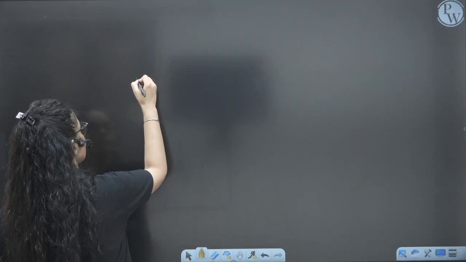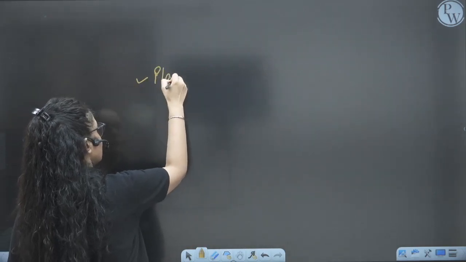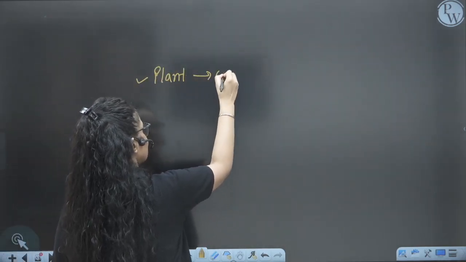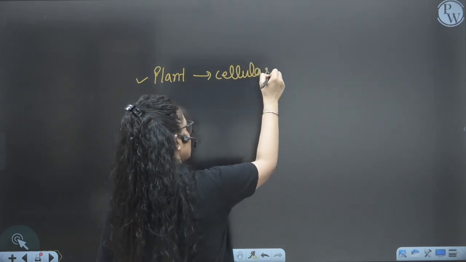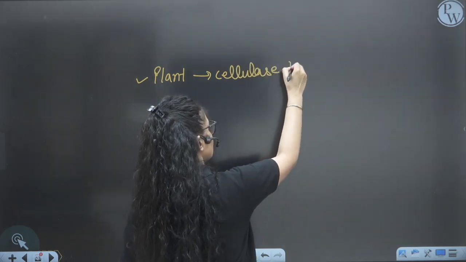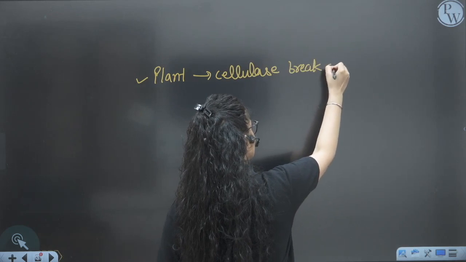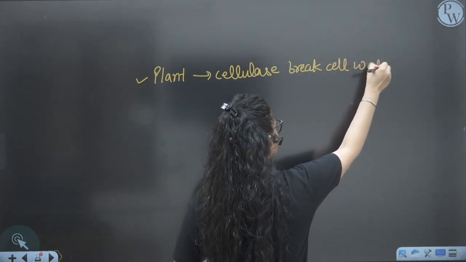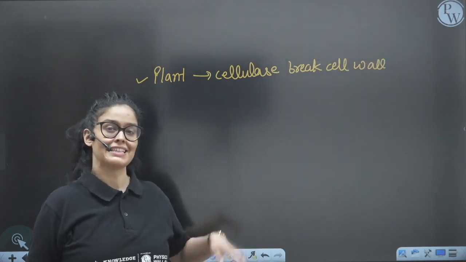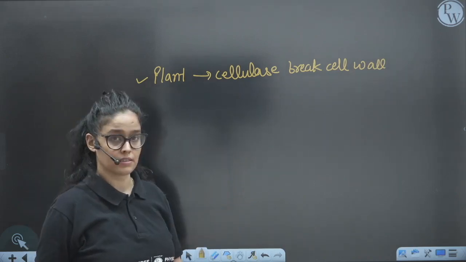In the same way, in case of the plant, we use cellulase to destroy the cellulose, which breaks down the cell wall of the plant. So if you are taking the gene from the plant, we will use this enzyme, right?